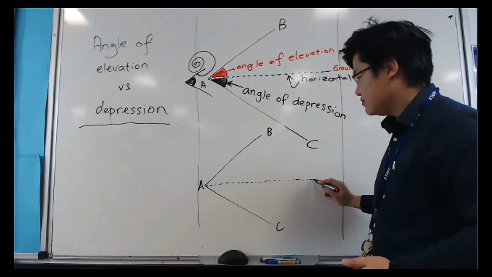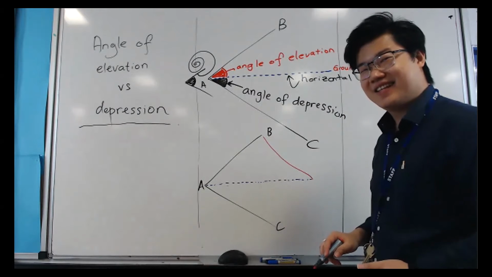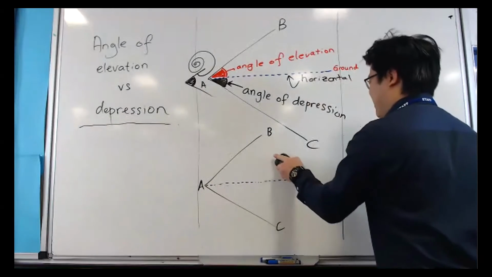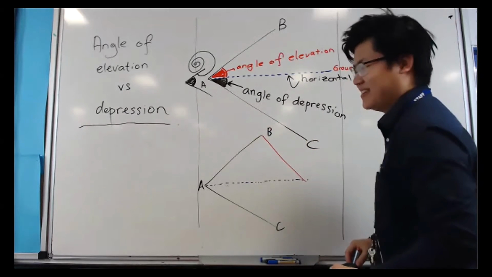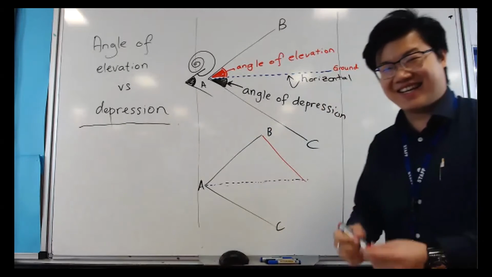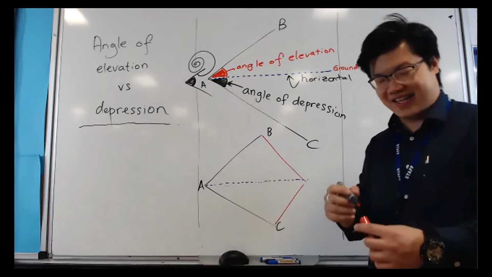Yeah, and draw it up to the top of B, but straight. Okay, straight. Is that it? Or am I wrong? Is that it? And then do the same for C. Oh, do the same for C, okay. Is that it?